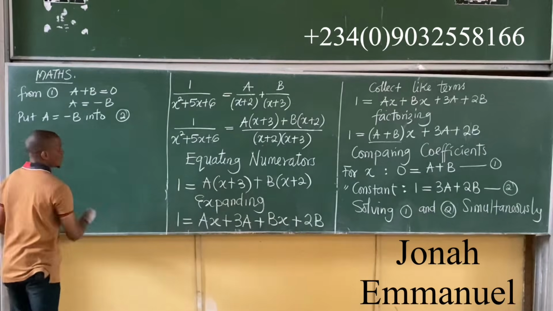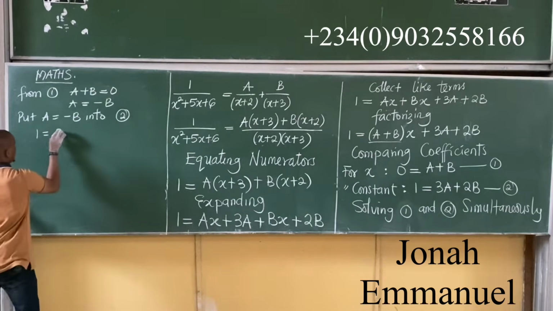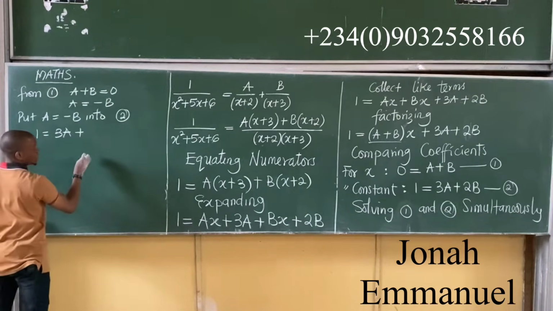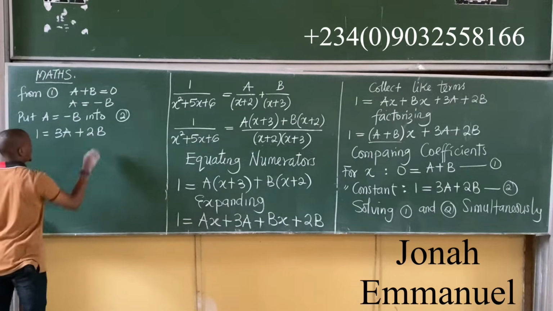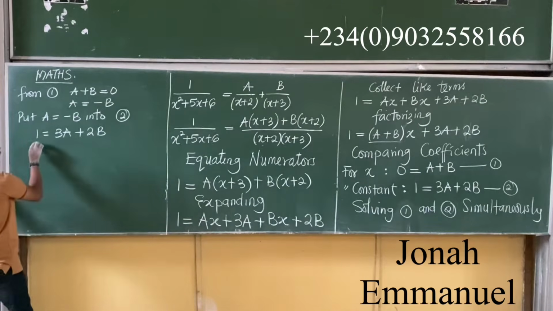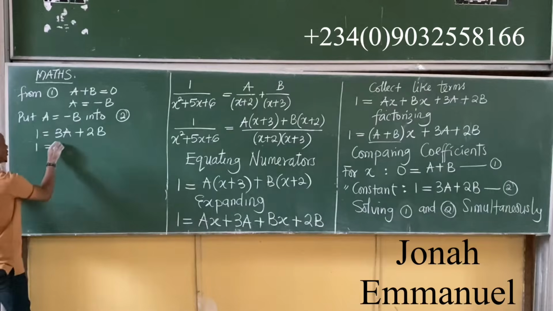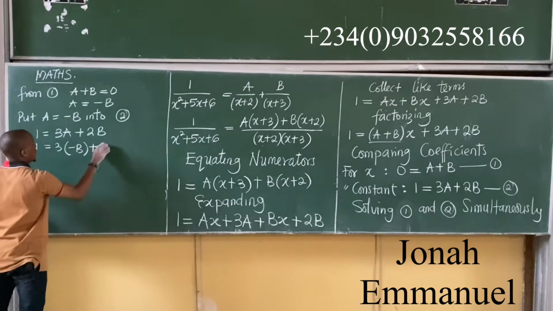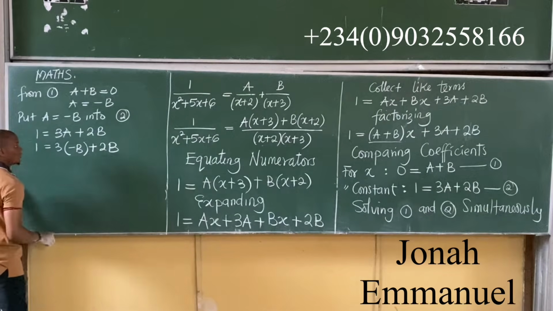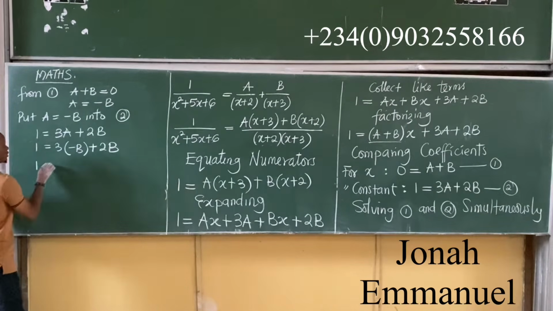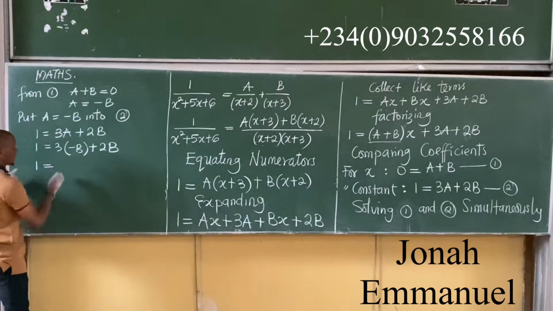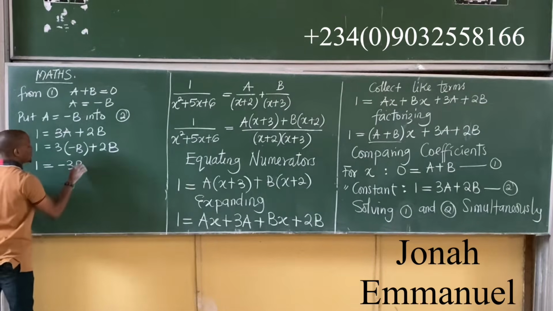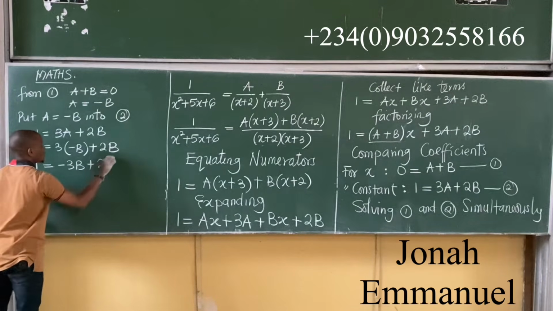And that gives 1 is equal to 3a plus 2b. Fix a here, I have 1 is equal to 3 into a. A is minus b, then plus 2b. From here, it means that 1 is equal to 3 times minus b gives minus 3b plus 2b.